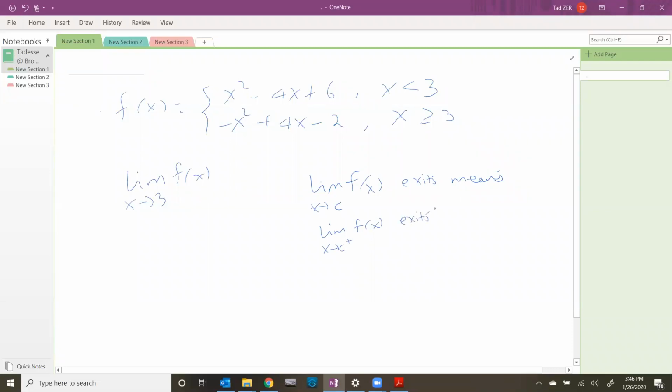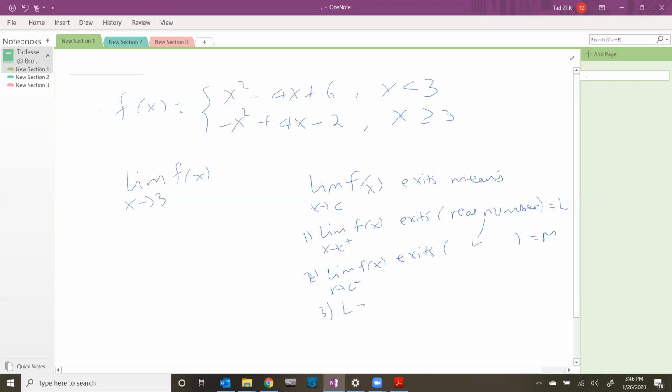Must exist means it must be a real number. Say that real number is L. Second, the one-sided limit from the left must also exist, so it must also be a real number. Say this is M.